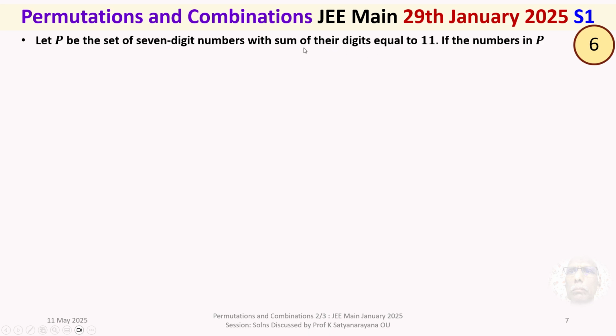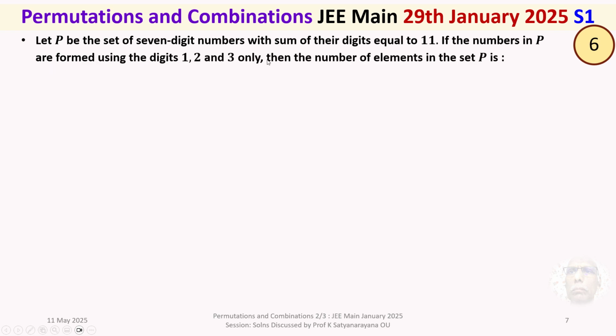If the numbers in P are formed using the digits 1, 2 and 3 only, then the number of elements in the set P is. We are given 4 options.